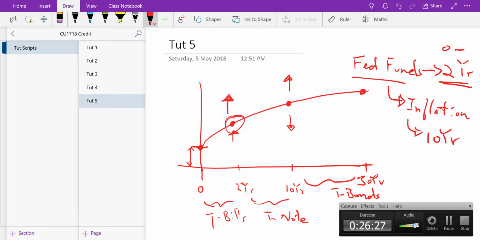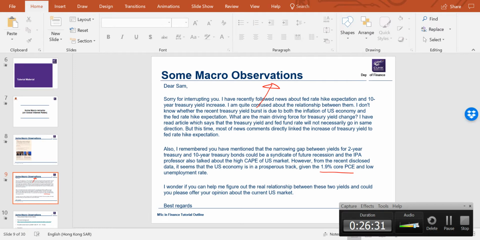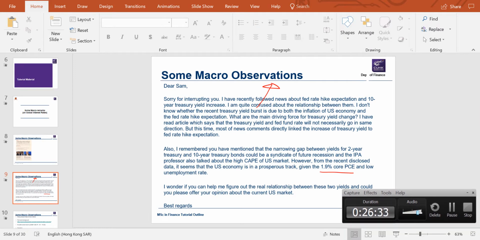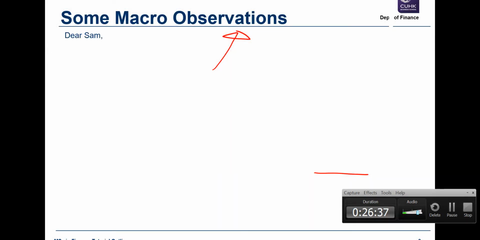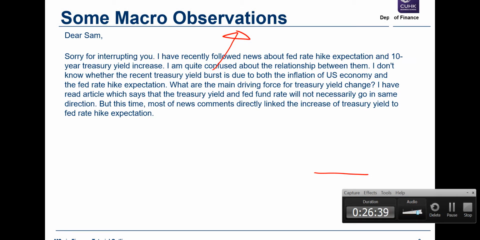So in any case, getting back to the question, and the question was, never lose sight of the question. Okay? The question was, what are the main driving force for Treasury yield change? Well, my first response to that, if I was in an interview and someone asked me that question, my answer would be, well, it depends on which part of the curve you are talking about to start with.